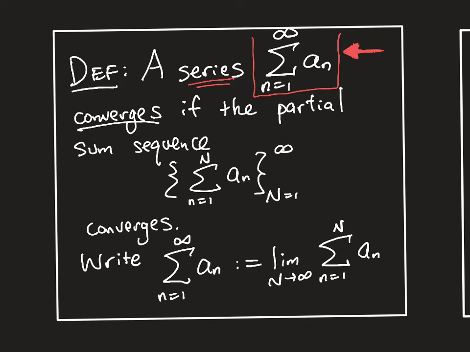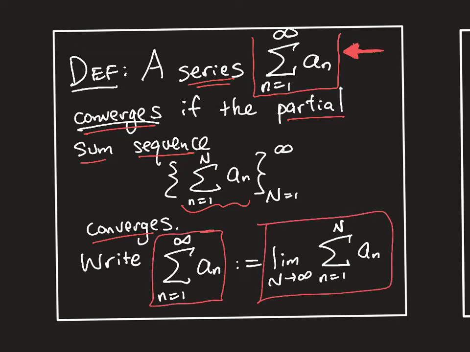And our first notion of convergence will be that a series converges if the partial sum sequence, which just means you form a sequence by taking partial sums, converges as a sequence. So that's our definition for when a series converges. And if it does converge, we declare that the value of the series is the limit of the partial sums.